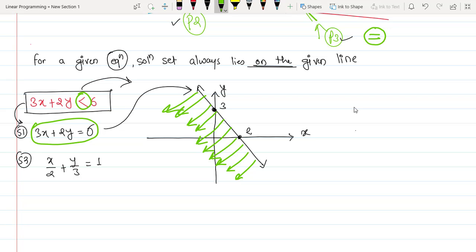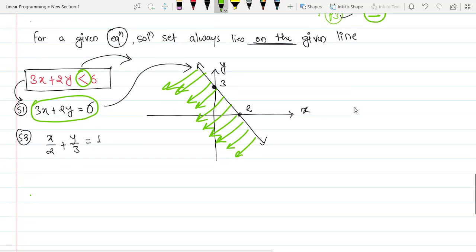So if you understood this, let's try to solve one given simple question. Let me have the space here.